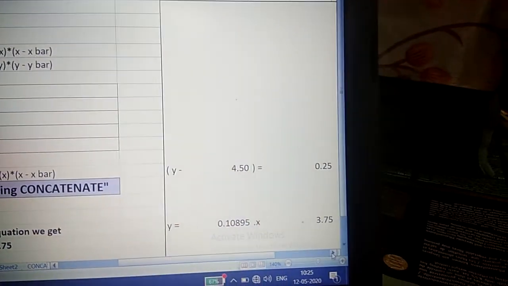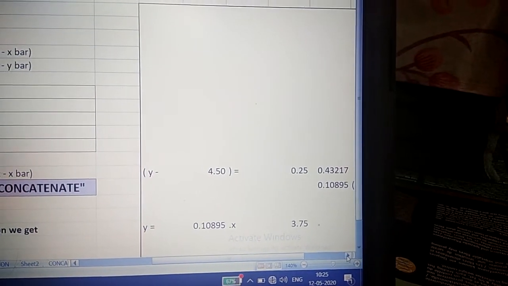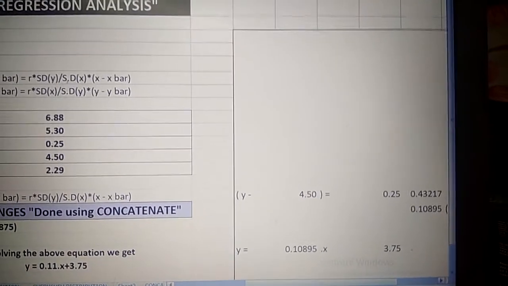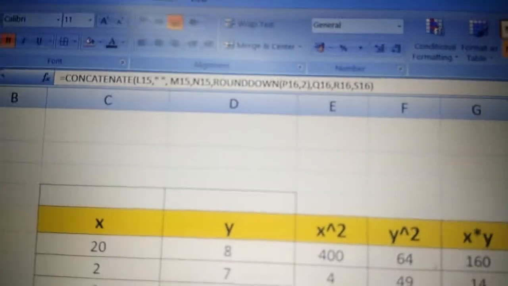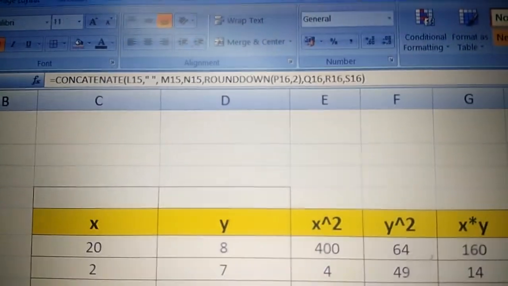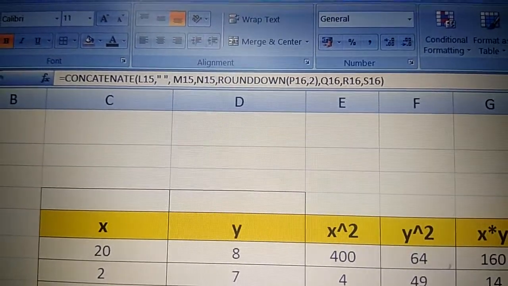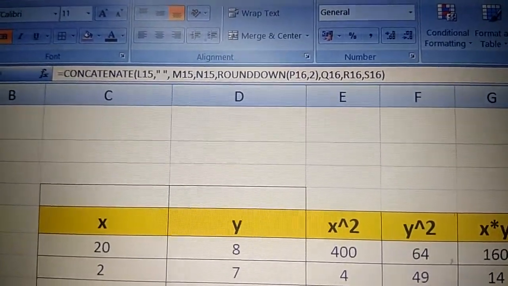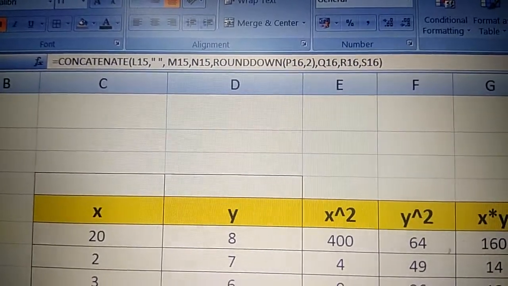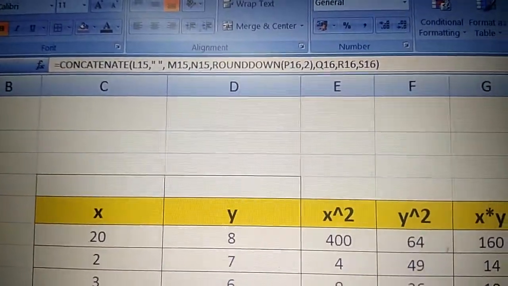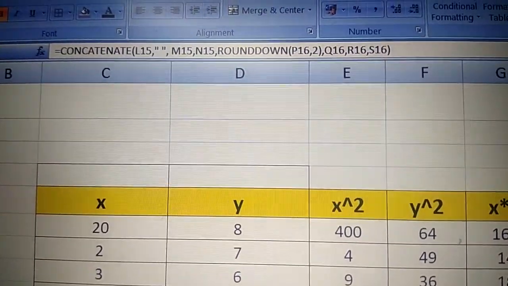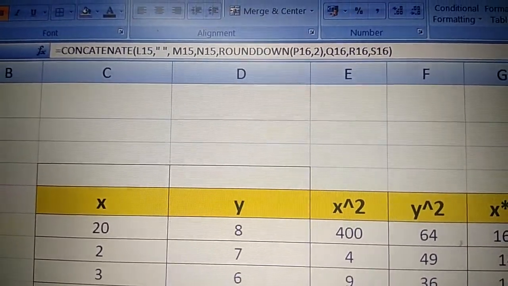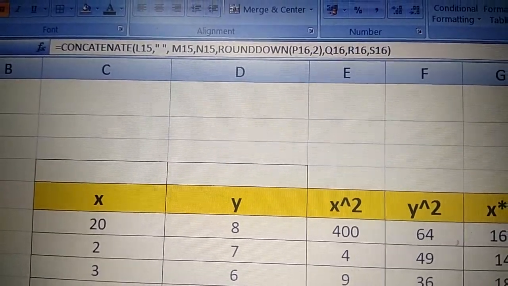I have made use of this concatenate formula. How will this concatenate work? I am leaving this task to you, although I am showing the formula before you. Please make sure that labeling is strictly done according to the present scenario, so that no confusion may arise. The formula is CONCATENATE of L15, comma, double quotes, comma, M15, comma, N15, rounded down.